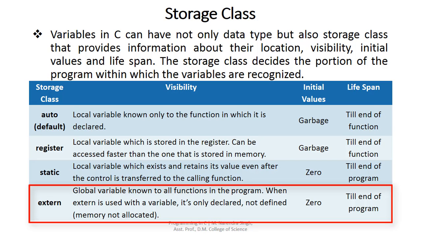However, if we define variables outside the main function without the use of the extern keyword, then those variables are by default global variables known to all functions in the program, and at the same time that declaration statement will also be the definition of the variables and memory will be allocated. The variables of storage class extern are given initial values of 0. The lifespan of such variables is till the end of the program.